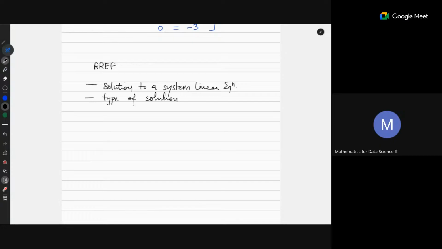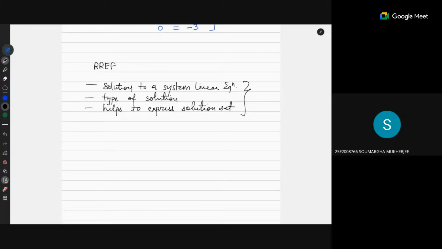It also helps you express the solution set in terms of variables. That's why this Gaussian method is very important.